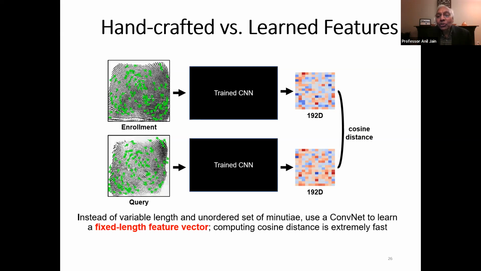In fact, we have shown that our deep network learned features can do 10 million comparisons per second on an Intel i9 processor. And that's exactly the reason why NEC licensed this algorithm, and we were issued a patent for this vector. Next slide, please.